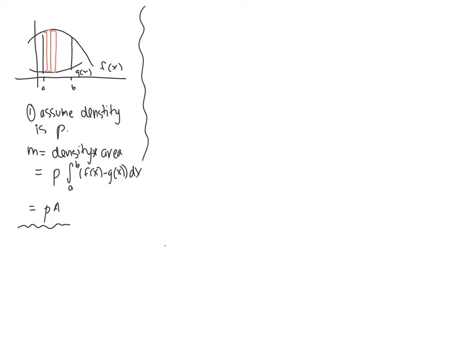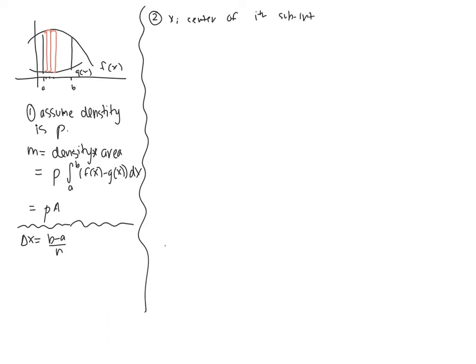All right. Now we need to find the My and the Mx. Okay, so we divide this up into little pieces where delta x is equal to b minus a over n. And in these little rectangles, I'm going to let x sub i be the center of the ith subinterval.